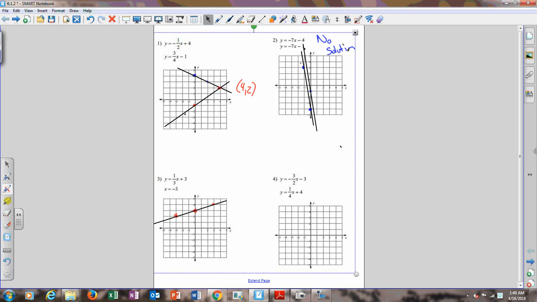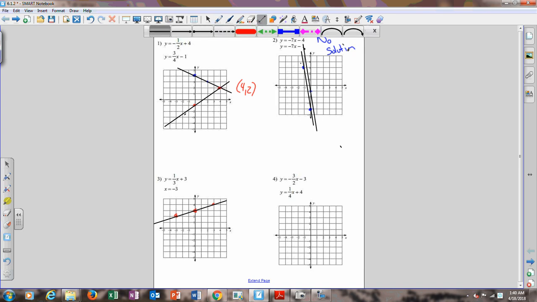Then you have a vertical line at x = -3, right there. And so your intersection is just where they cross. So that would be (-3, 2).